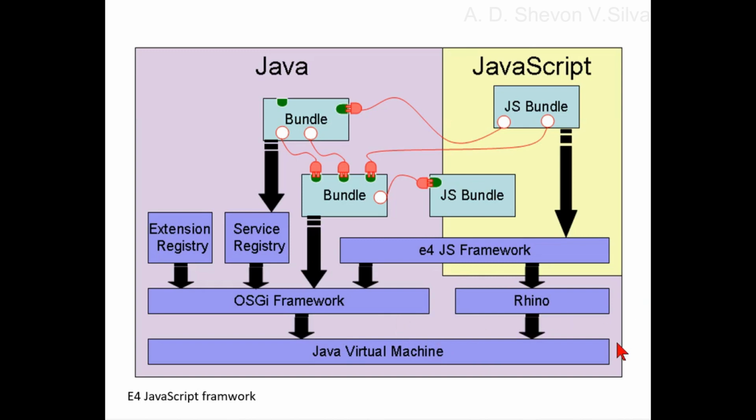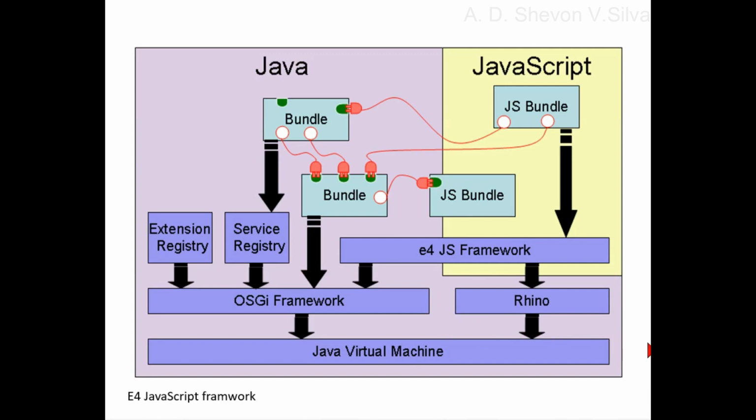This figure illustrates the architecture of E4 JavaScript framework and its relationship with pure JavaScript bundles as well as regular Java bundles. The E4 JavaScript framework is written in Java and runs as a pure OSGi bundle.